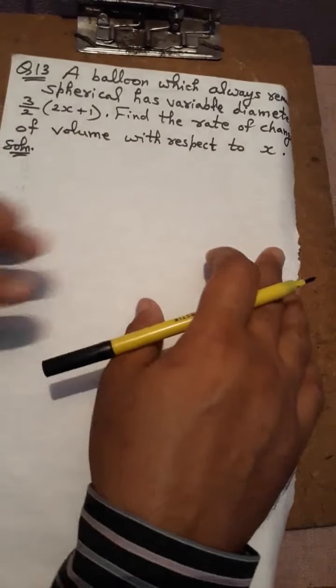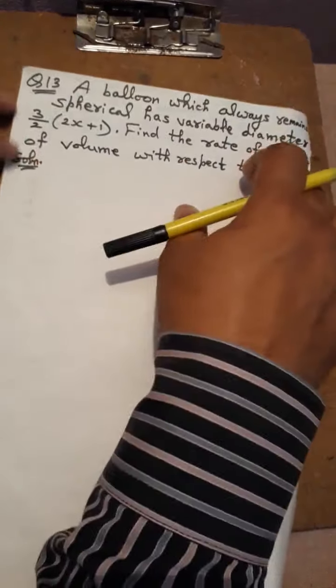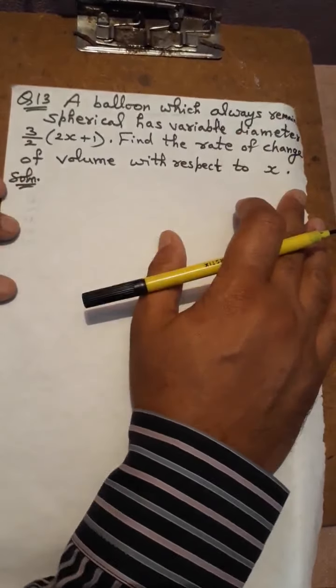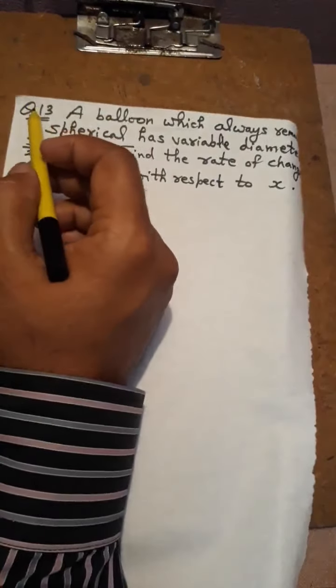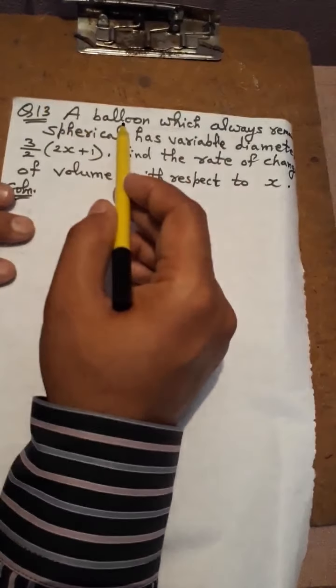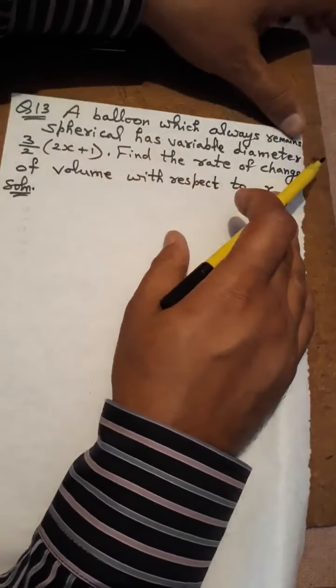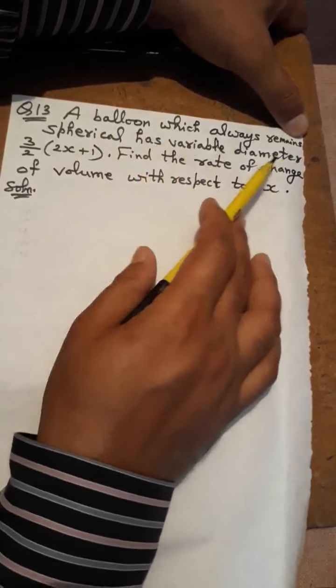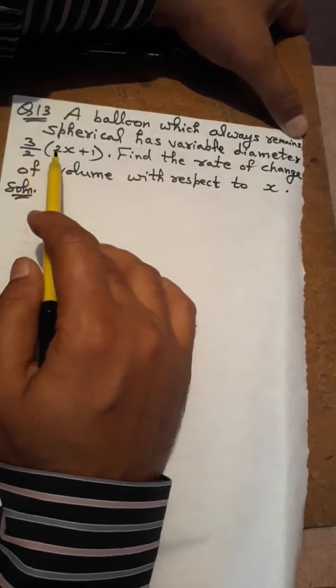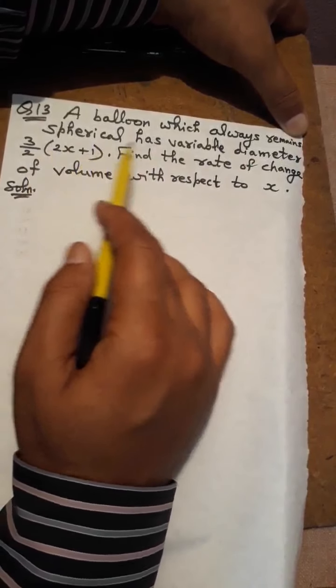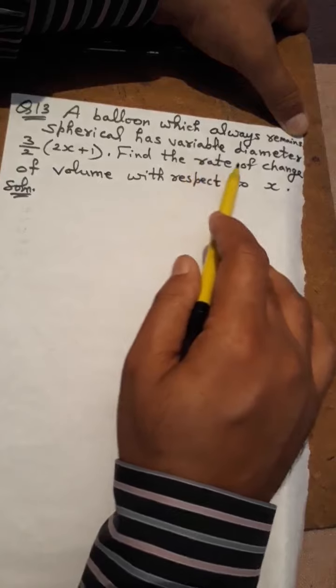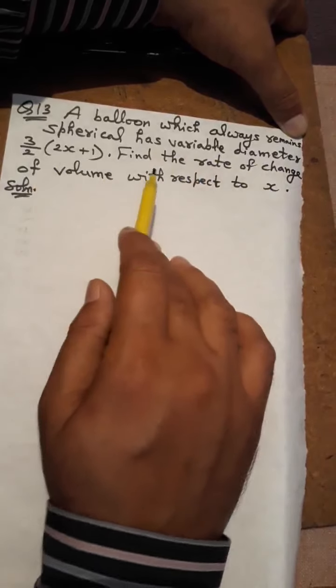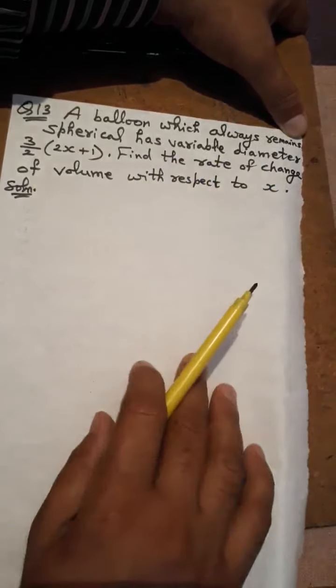So let us do one more question here. The question number 13 of this same exercise 6.1. The question is: a balloon which always remains spherical has variable diameter 3 by 2 into 2x plus 1. Find the rate of change of volume with respect to x.